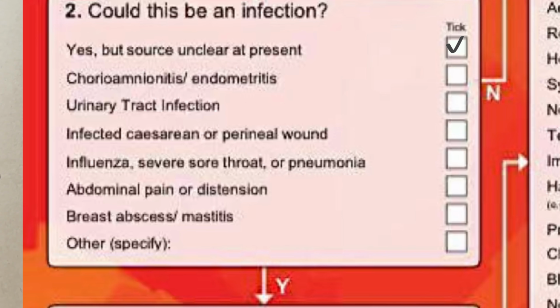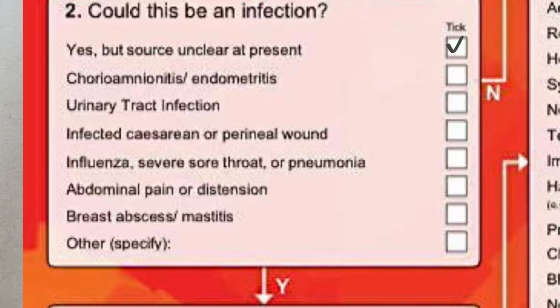She literally had intact perineum. She was not a C-section mother. She has no breast sores or abscess. She literally has no abdominal distension or pain. In fact, we just do not know where the source is coming from. Then you will want to take this.